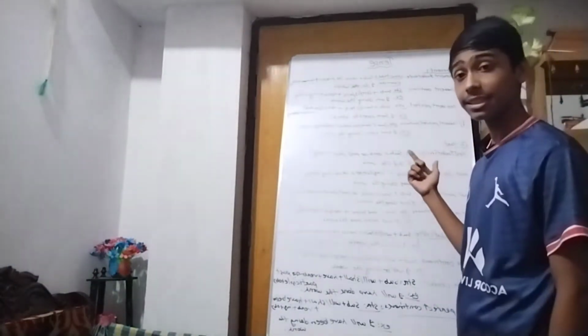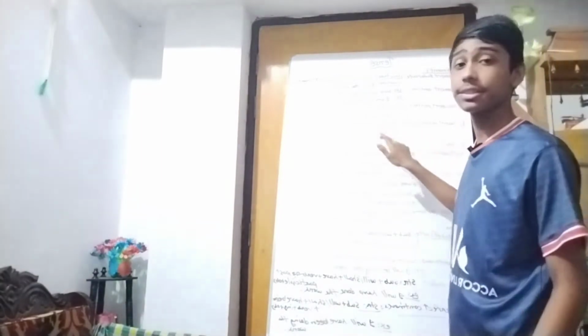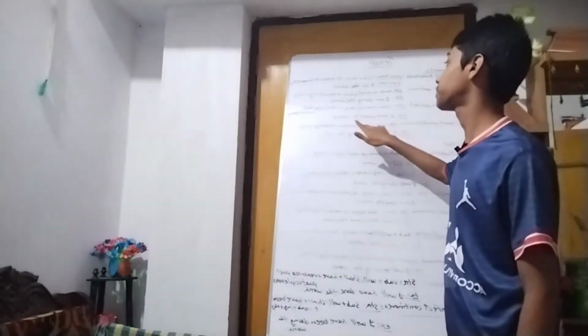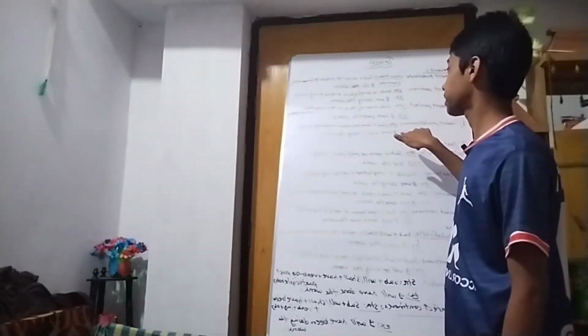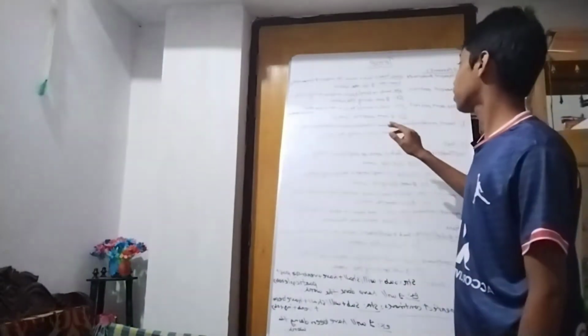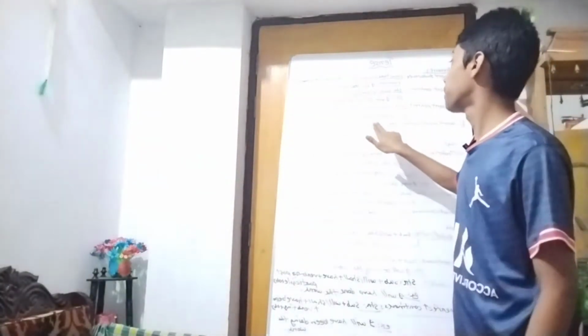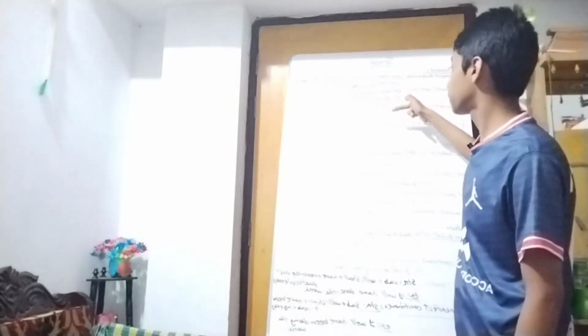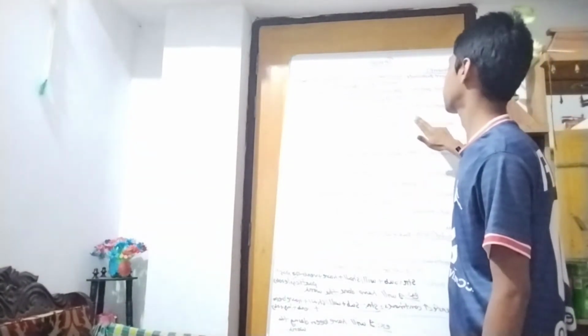Our next main aspect is present perfect continuous, and here the structure is subject plus have, has been plus verb plus ing plus object. The example is: I have been doing the work. The main word of the perfect continuous tenses is been. Here it is the combination of perfect and continuous tense.